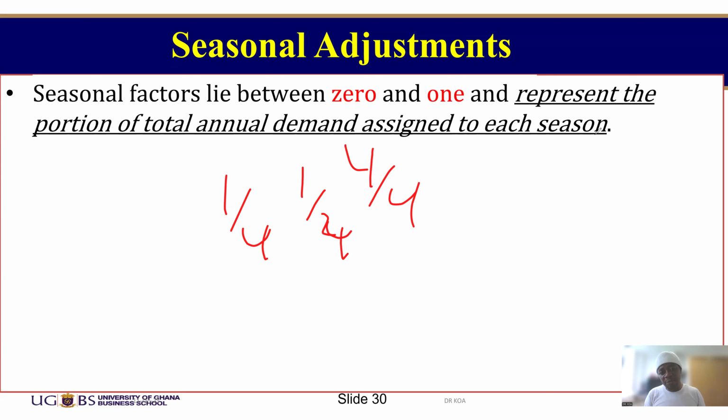You select some people, and if those people go and lose, we don't say those three guys have lost. We say that the school has lost, because they are just a representation of the whole. So the seasonal factor is telling you the percentage contribution of that season towards total demand.